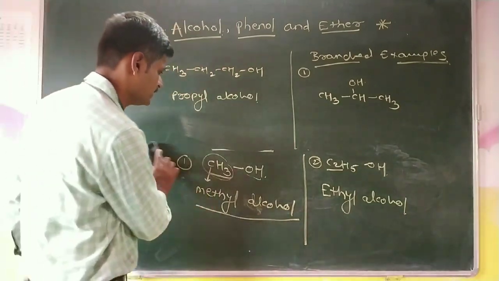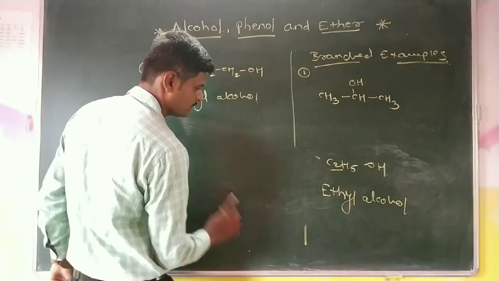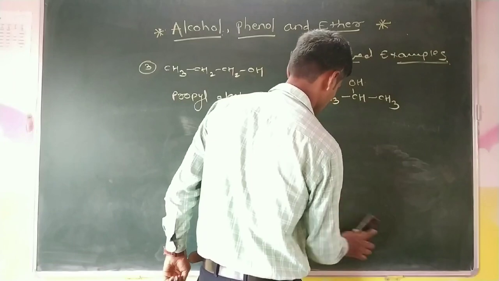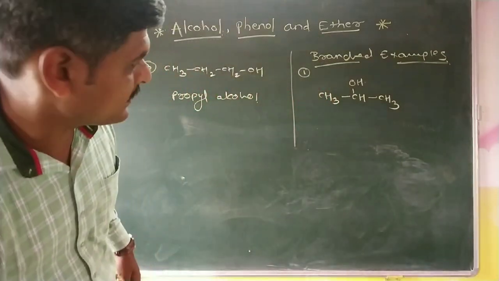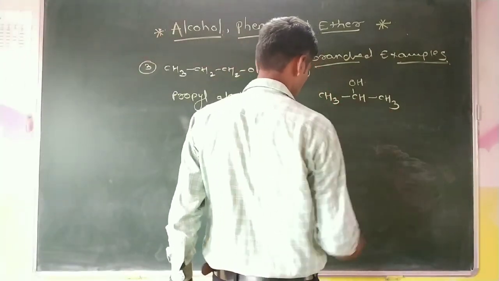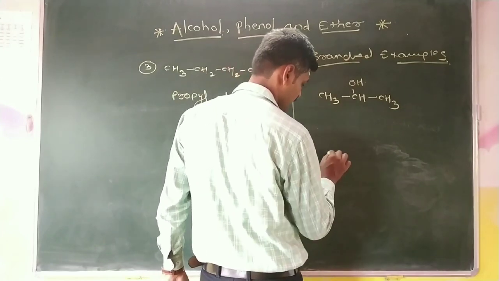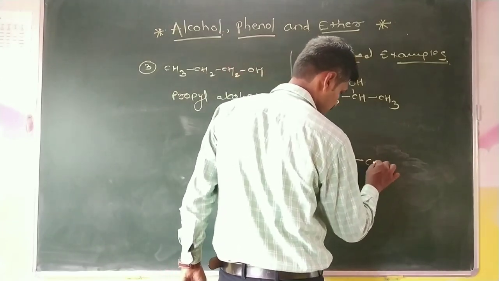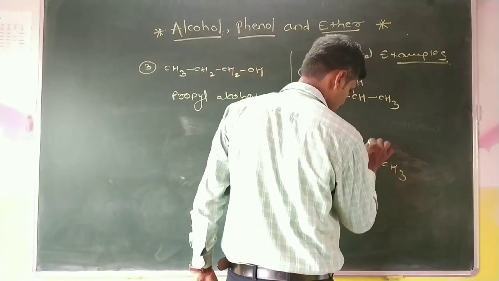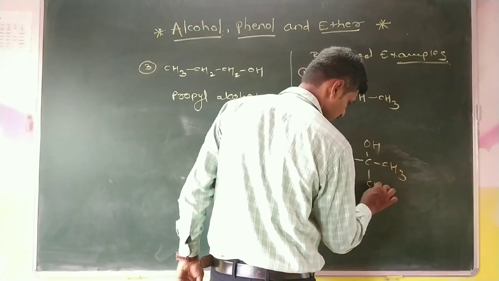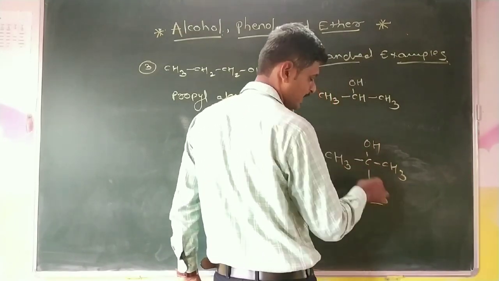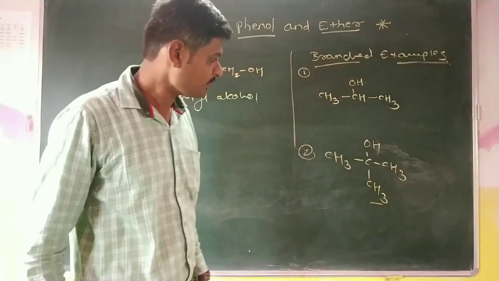This is an example of a branched chain, but in this case there is no branching. The second example, we can write CH3, CH3, then this is OH and this is CH3. In this case, one methyl group is attached as a branch.